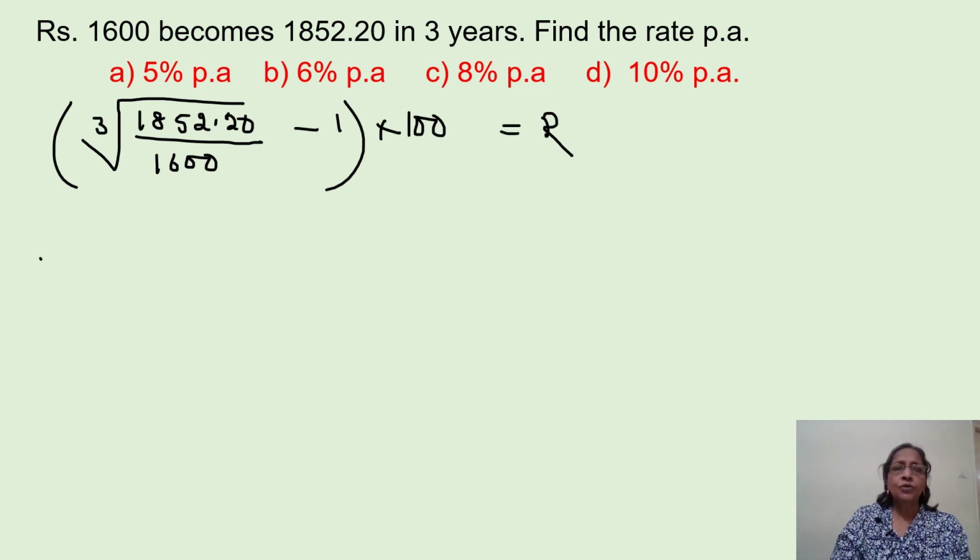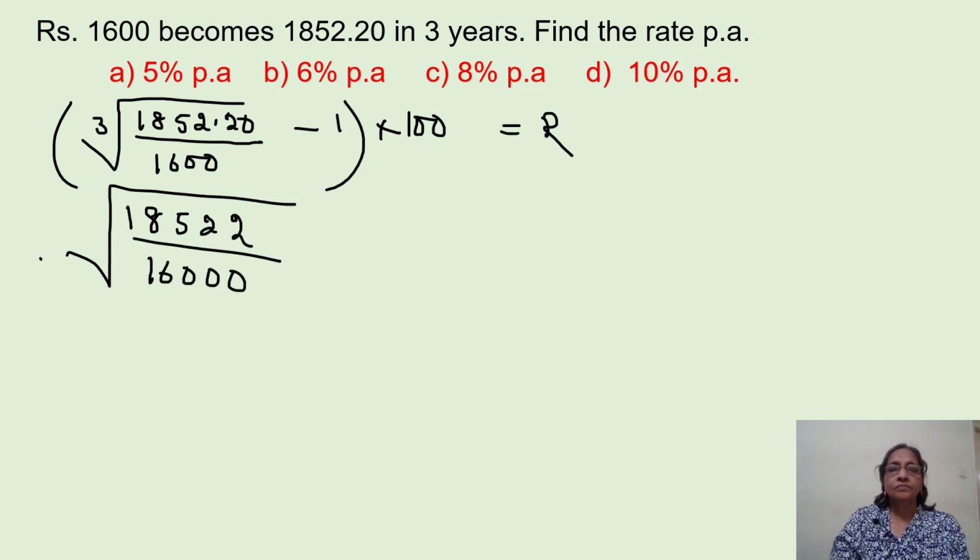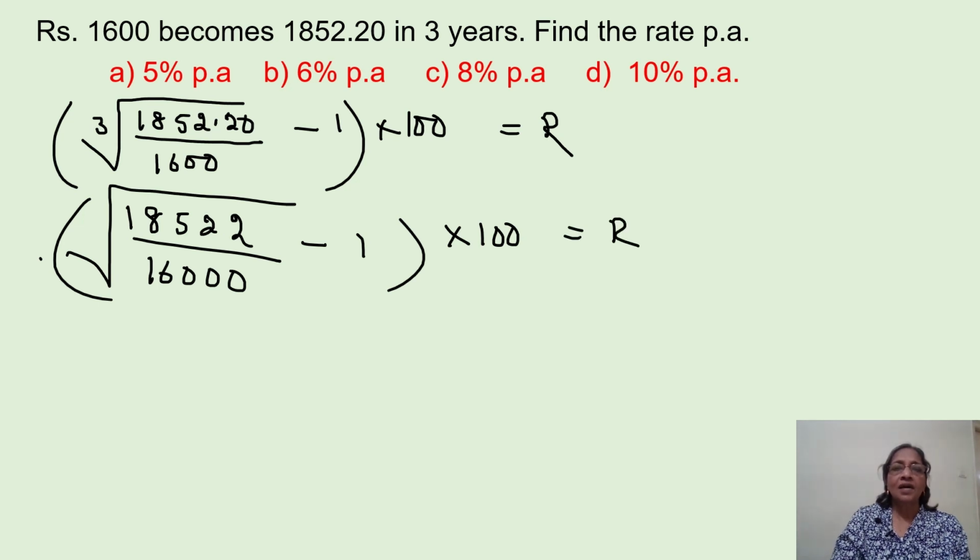The first thing that you do is get rid of the decimal place here. What I have done is I have taken out this decimal from here. That is why I have put this extra 0 here. Okay. Now you can cancel by 2.